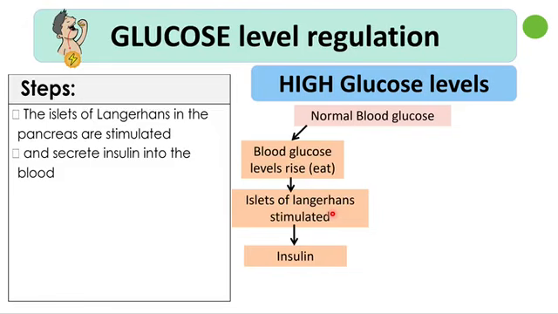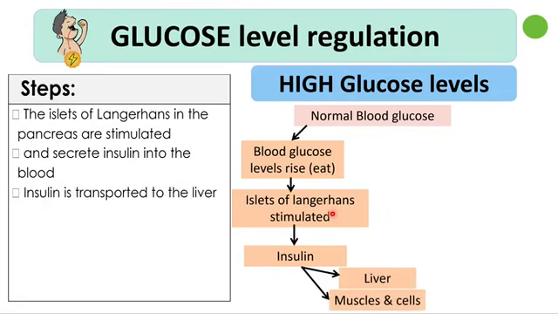And what is it going to do there? Remember that each hormone in our body works like that. It is secreted by a gland, it has a target, and then it's going to do something there. So what is insulin going to do at the liver and the muscle cells? It is going to stimulate those cells to absorb or assimilate, is actually the better word, glucose from the bloodstream into the cells, okay?